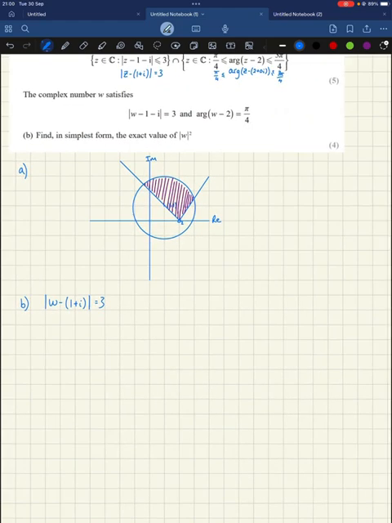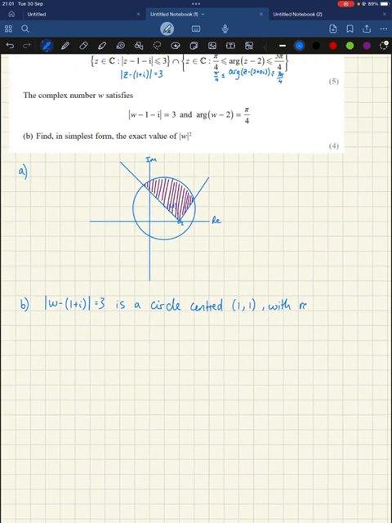equals 3. Well, we know that this is a circle centered at 1, 1 with radius 3. Now, we're going to solve for what w is in the form x plus iy, so we can find out what x and y are.